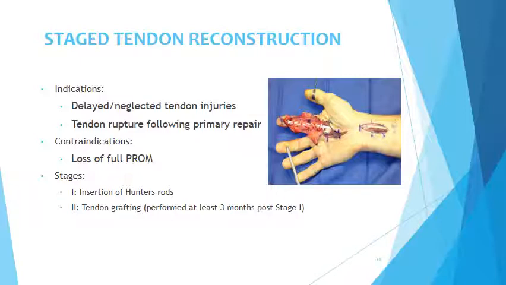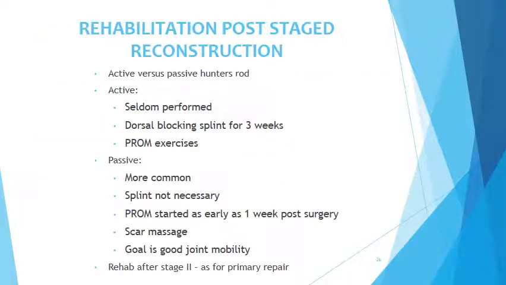Second stage is a tendon grafting from another area, and that is performed at least 3 months after stage 1. So the hunter's rod that is inserted where the tendon has been ruptured or re-ruptured can be an active versus a passive hunter's rod.